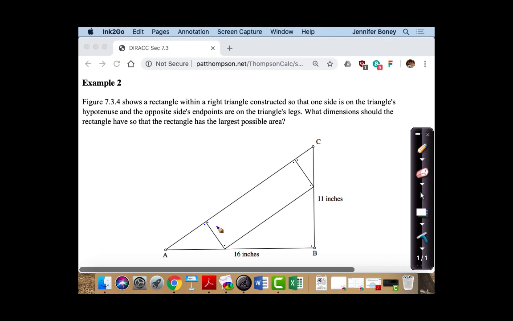So I'm going to use the letters that your book does, which calls this length S1 and this length S2, the two sides of the rectangle. And so what I'd like to be able to do is write a function with one independent variable for area of this rectangle, which right now is S1 times S2. That's not something I can do too much with, but S1 and S2 are related to one another because of the triangle that they're in.